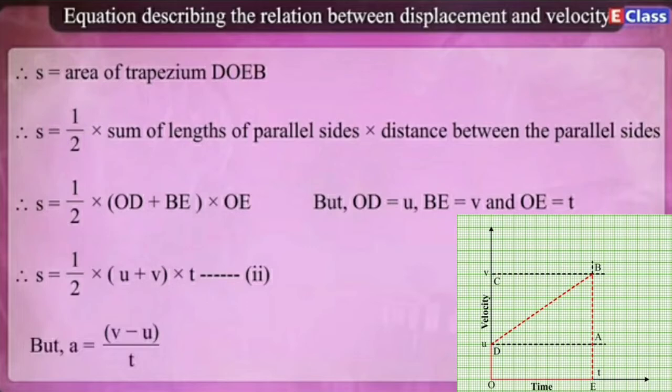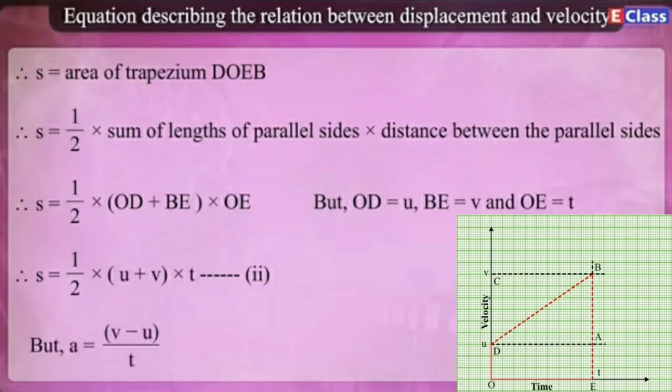S is equal to 1 upon 2 into OD plus BE into OE. But OD is what? U. BE is V and OE is T. Now let us substitute these variables. So S is equal to 1 upon 2 into U plus V the whole into T.